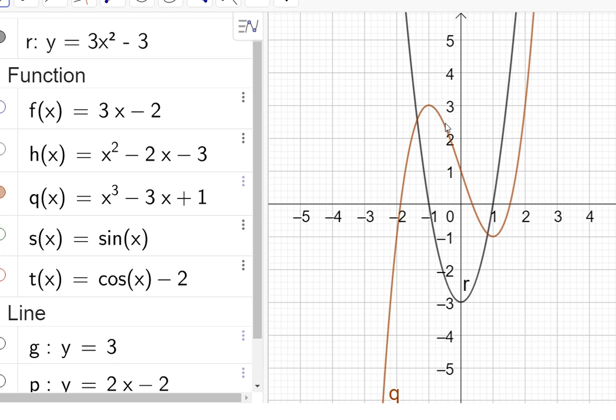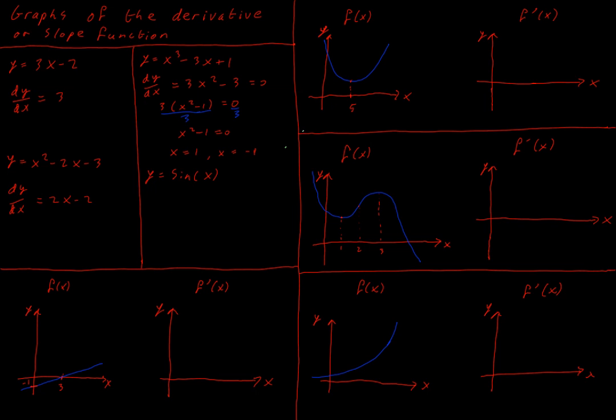Then our slope is negative until we get to the minimum point, and then it is positive again past that point. So our grey line returns the values for our slope. Now let's have a look at sine and cosine. If we have y is equal to sine x, what's dy dx? It's just equal to cosine of x.